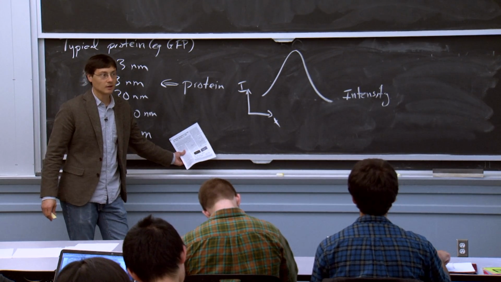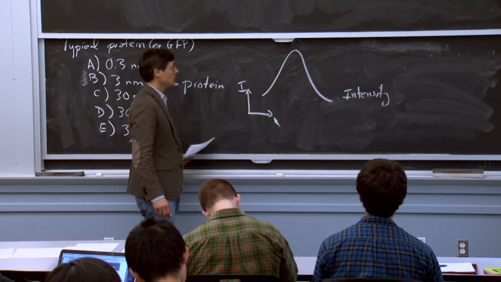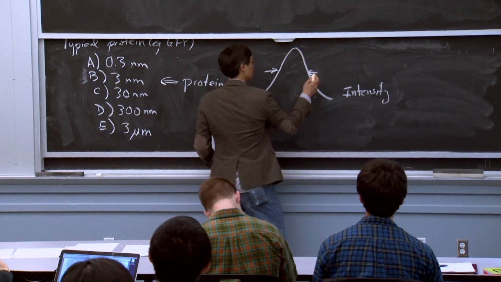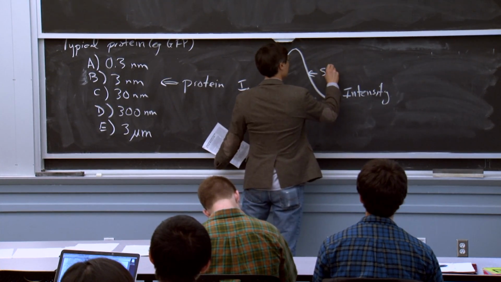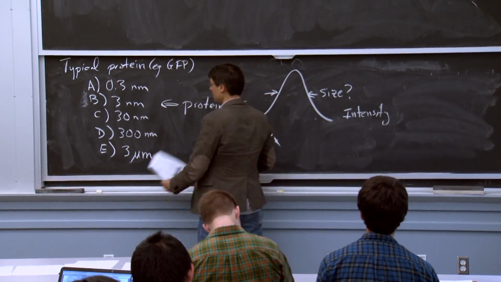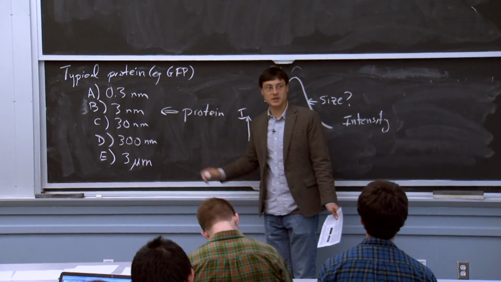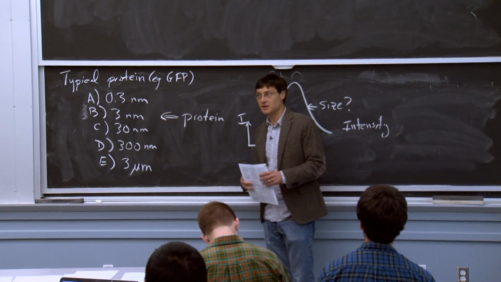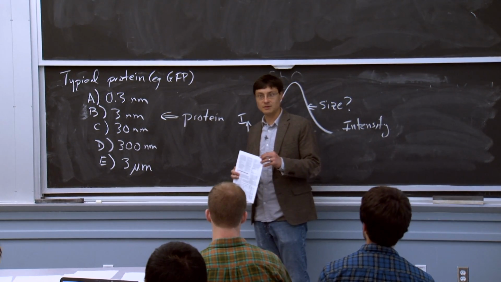Now the question is, what is going to be the size of this spot? We conveniently have some size scales up on the board. I'll let us think about this for 8 seconds.